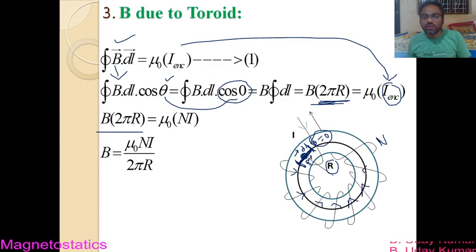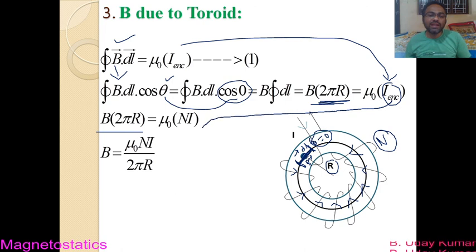So the total current present inside this closed path depends on the number of turns. If the total number of turns is taken as capital N, then I enclosed becomes N times I. Since I is the current that is entering the solenoid, the total current present inside the closed path will be equal to N times I.